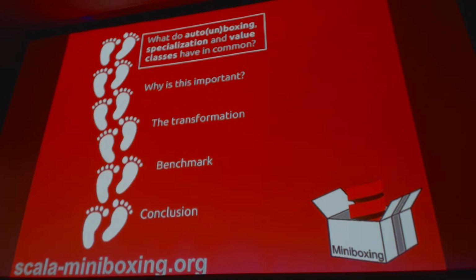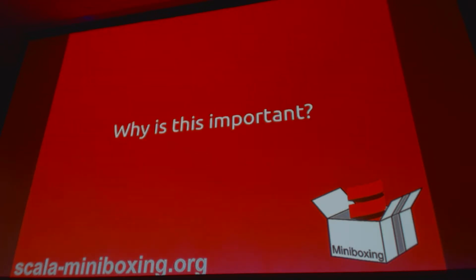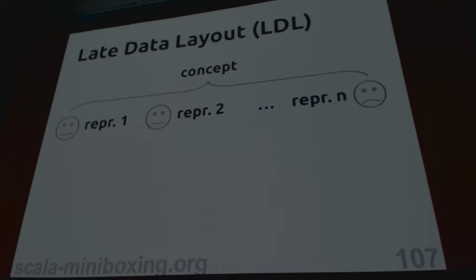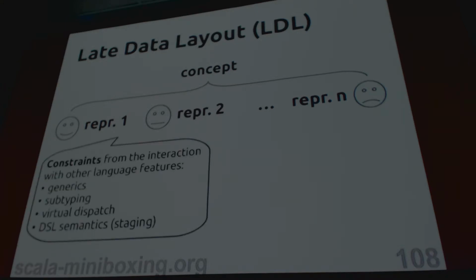We talked about what is uniting, what is the common theme of these transformations. Now, let's take some time to think about why this is important. The reason I present this to you is that there's a transformation we call the late data layout transformation. It's basically exactly what we've seen: a high-level concept that goes into multiple representations, and it's based on all kinds of constraints.